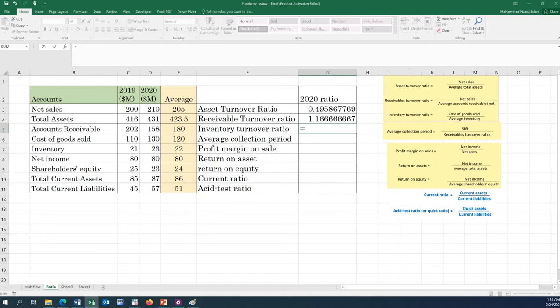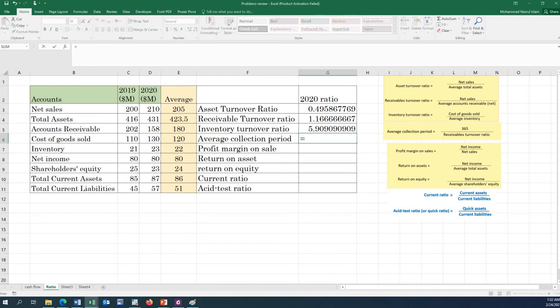Then we have the inventory turnover ratio, which is equal to cost of goods sold over average inventory. So cost of goods sold for 2020 is this one, and average inventory is 22. So this one is 5.9, almost 6.